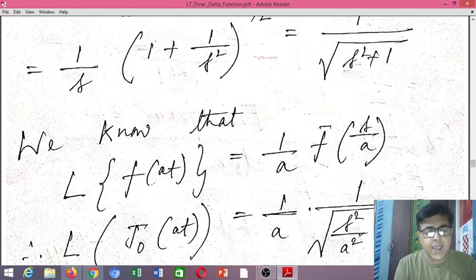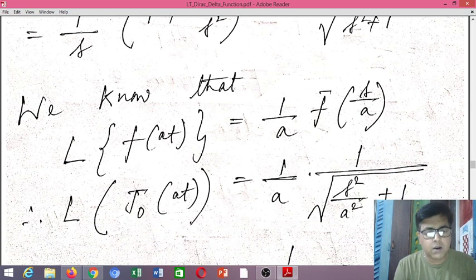So a similar thing can be applied over here for J0x, or J0t as you call it. So if I want to find the Laplace transform of J0(at), or any constant multiplied by t, then I can easily do it. I'm going to apply this particular theorem of the change of scale property, and I'll be getting 1 by a into 1 by square root of s by a whole square plus 1.